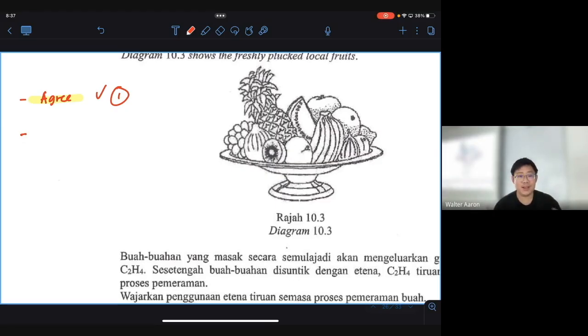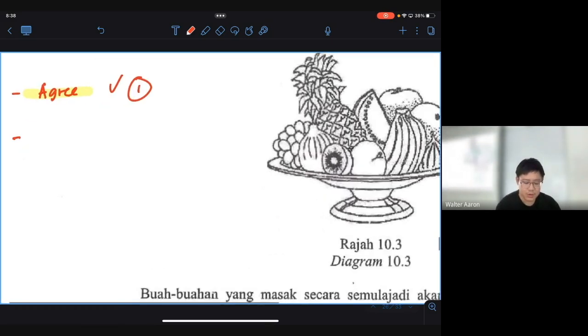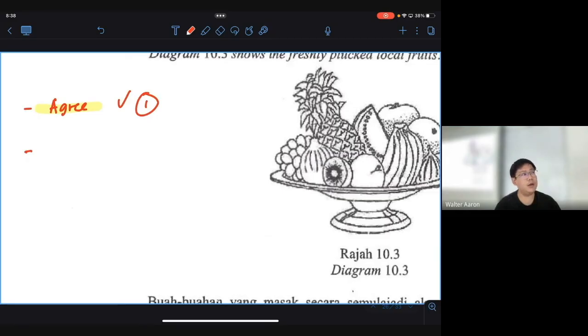And then you're suddenly excited, oh yes, good. But why do you think the farmers want to do that? More crop yield, faster yield, okay, can. So you can actually say decrease waiting time for fruits to become ripened and decrease harvesting time. Can, okay?